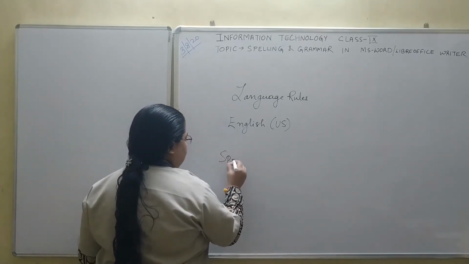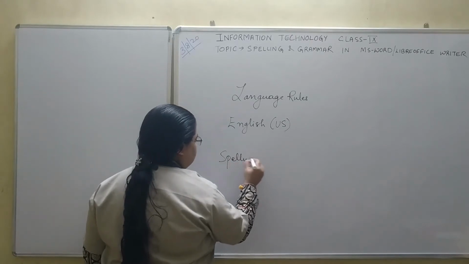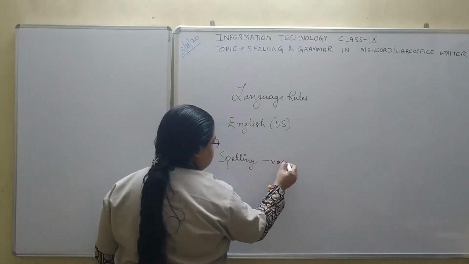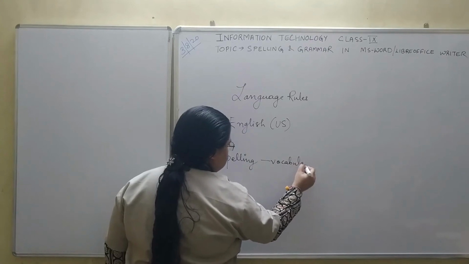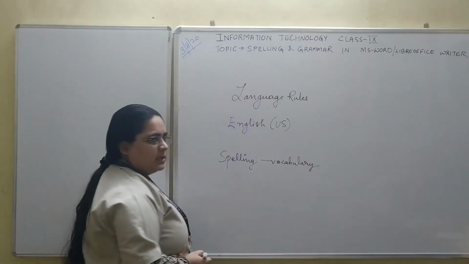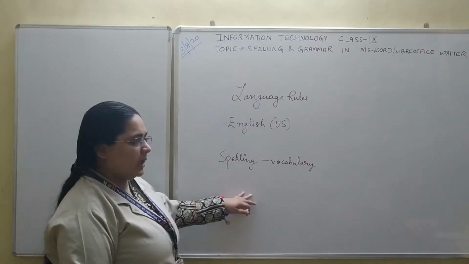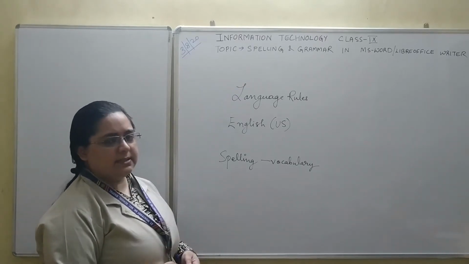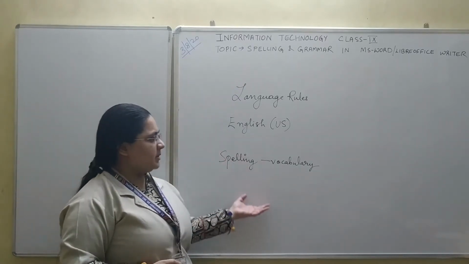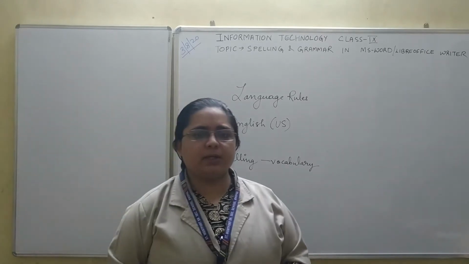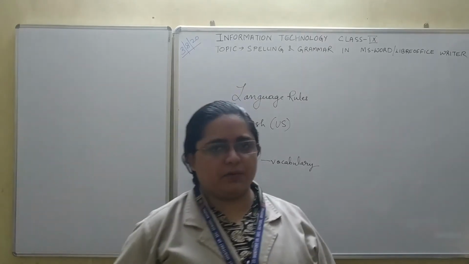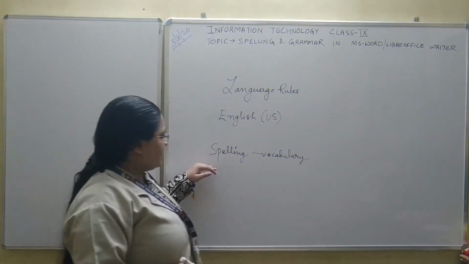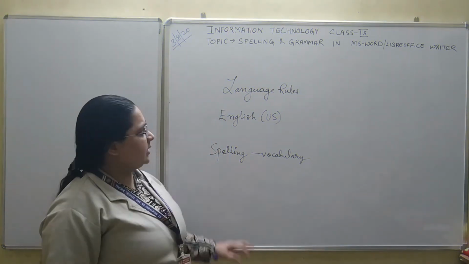Spelling refers to the vocabulary, how words are spelled, how words are formed. Not only in MS Word, but in most popular word processing software, which refers to spelling and vocabulary.